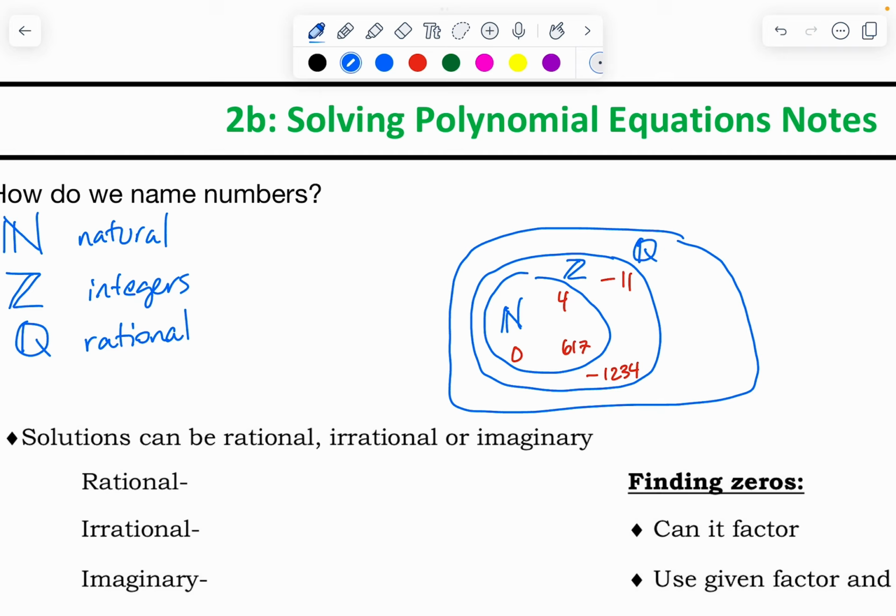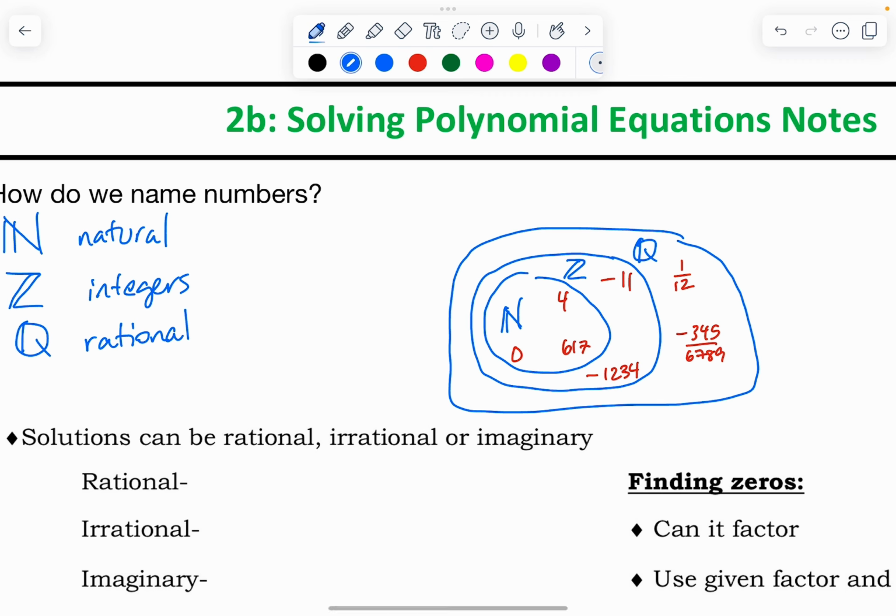All of our integers can be put over 1, and so they become fractions like that. But this would also include 1/2 or 1/12. It could be negative 3/4, 5/6, 7/8, 9. I don't know. It's anything that can be written as a fraction. It's an integer divided by an integer that gives me a rational number.